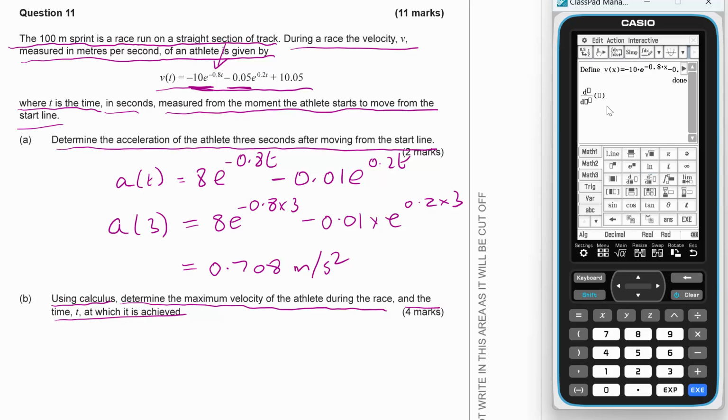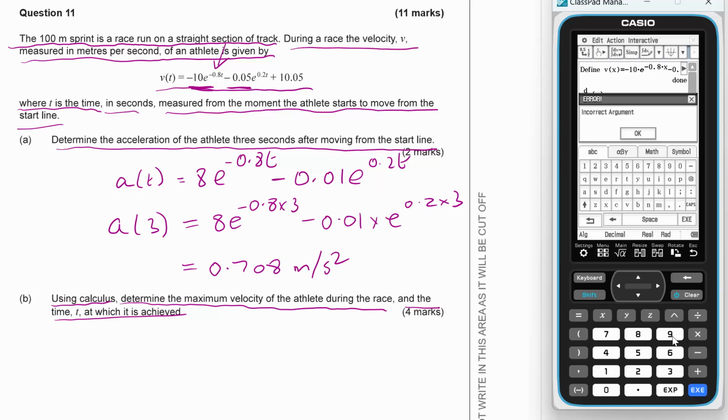And we can differentiate that by doing d dx of v. He probably wants me to write v of x. And we've done that. It might be better to do it in standard.